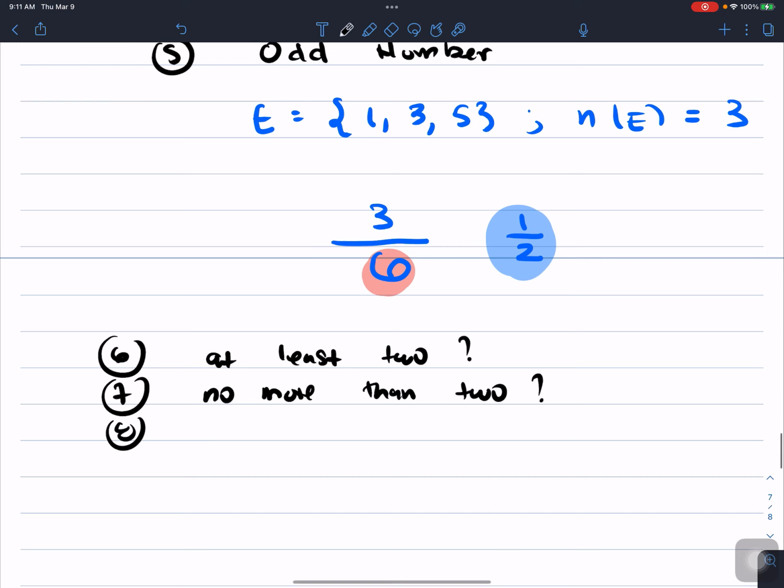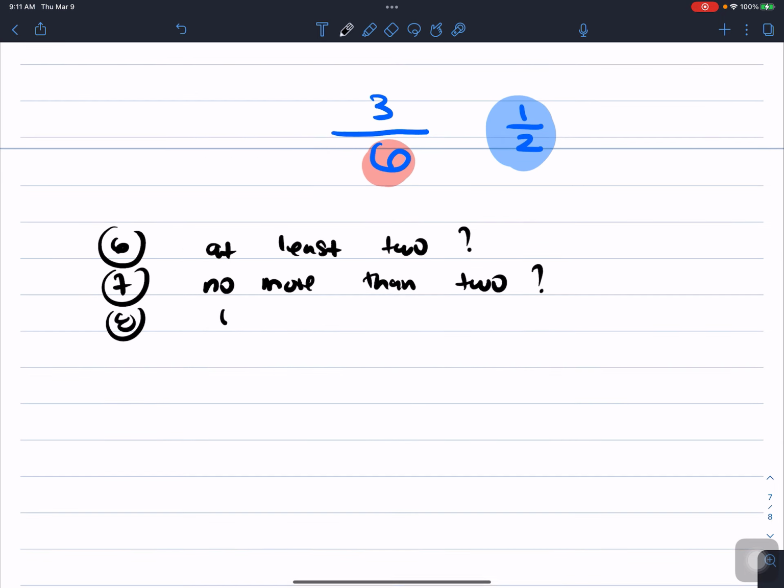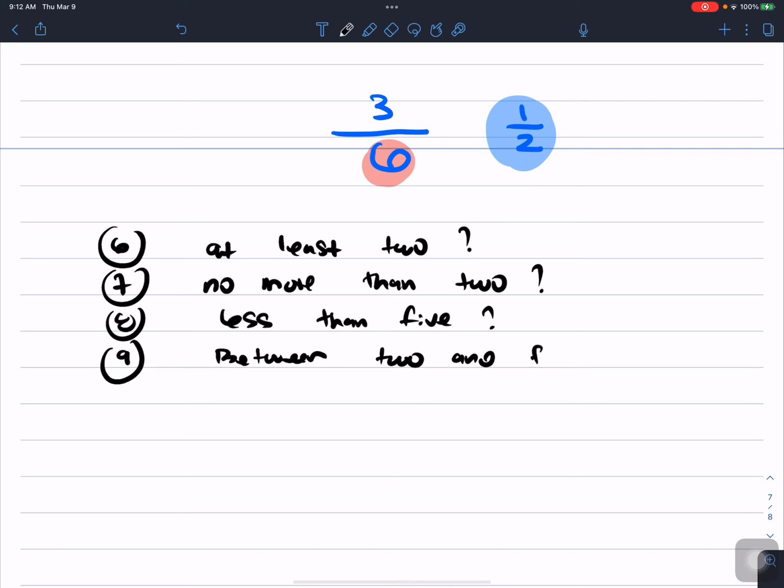You're going to roll a number less than, less than what? 5. You can roll a number between 2 and 5.